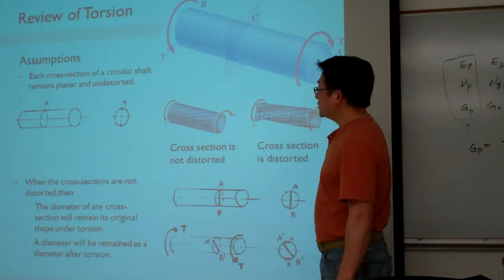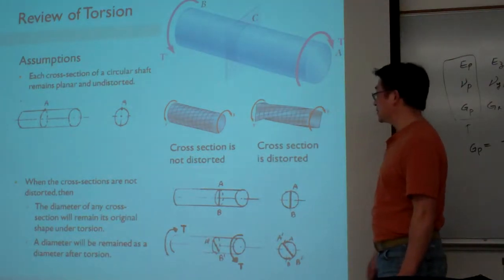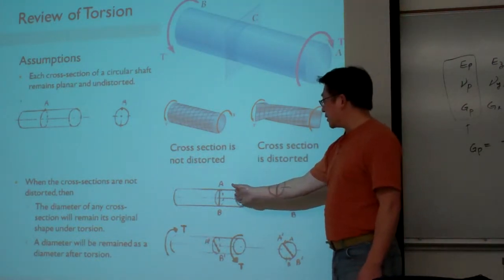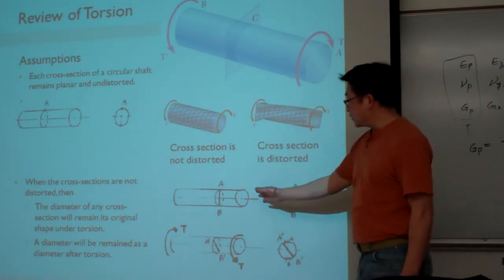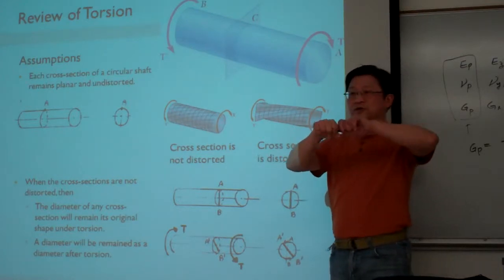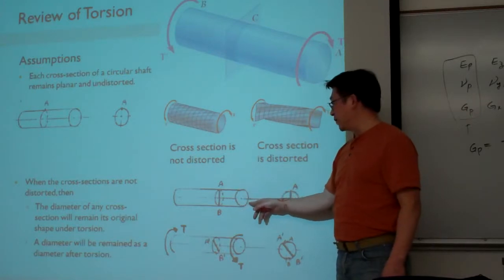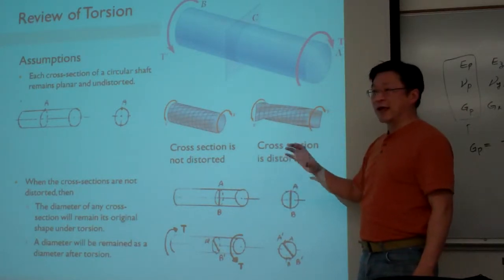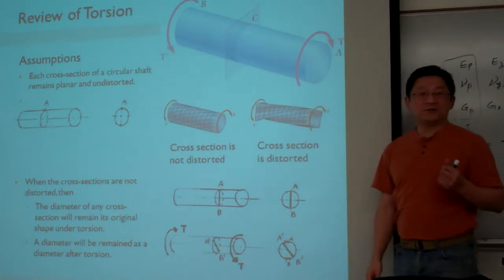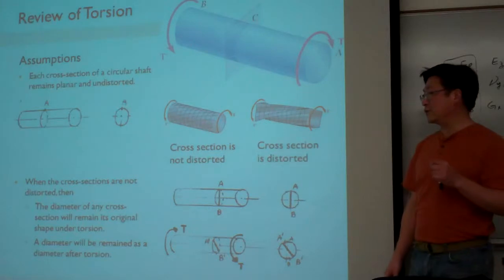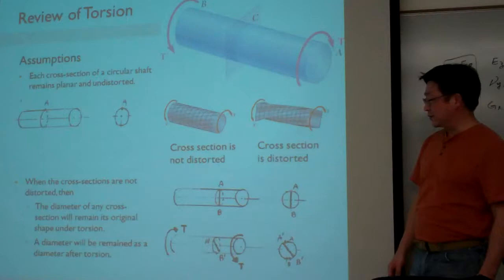In our old derivations, we make the assumption by taking any cross-section across the bar: the cross-section under torsion, originally before deformation is circular, and after deformation is still circular. That is the first assumption we made before we derive the equation for the mechanics of materials.